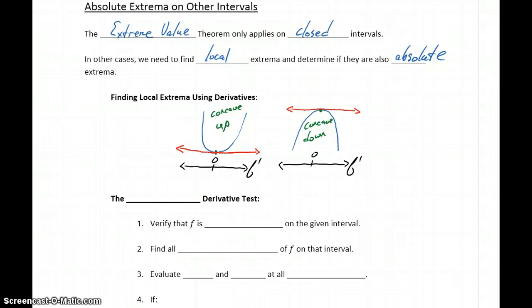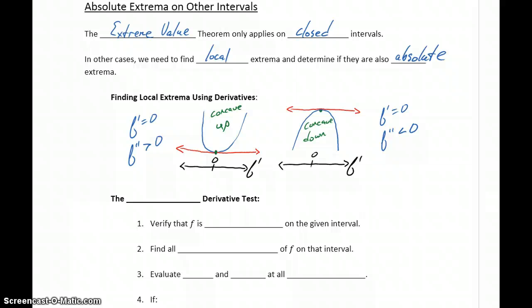So in the first case, our first derivative is equal to 0, and our function is concave up, meaning the second derivative should be greater than 0. For a local maximum, we would have the first derivative equal to 0, and the second derivative being less than 0.